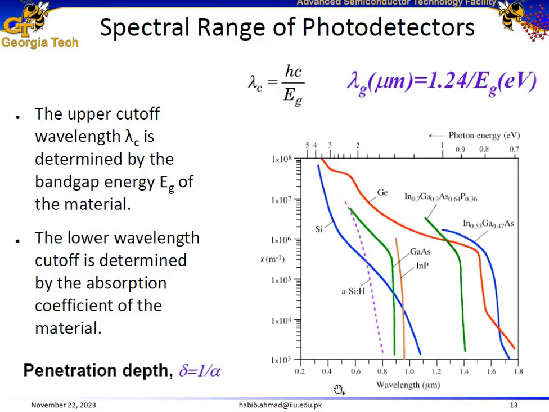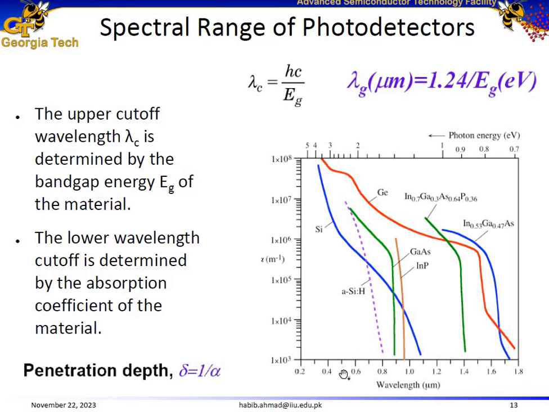Consider silicon. Assume a wavelength of 400 nanometers, or 0.4 micrometers. The absorption coefficient at 400 nanometers is more than 10 to the power of 6 per meter. So the absorption depth at this particular wavelength would be equal to 1 over alpha, which is less than approximately 1 micrometer.